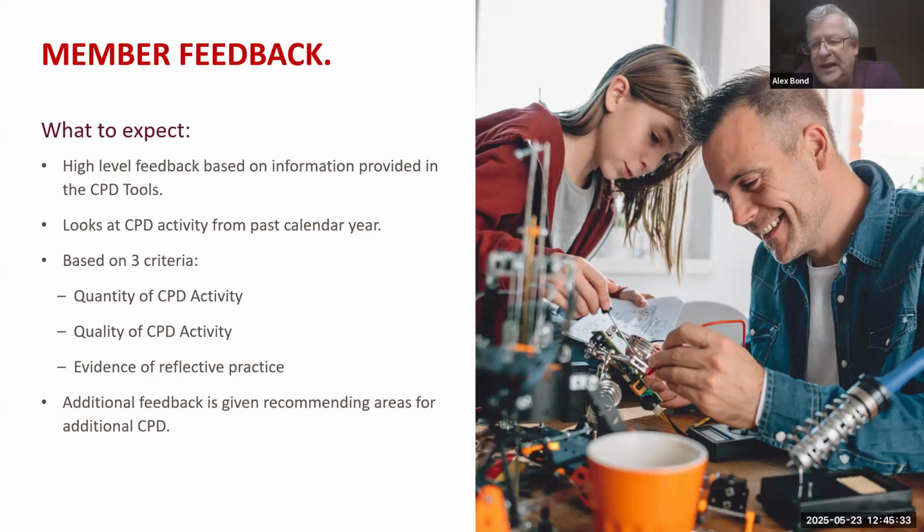And it's not overly focused on one particular aspect. And we're looking for evidence of reflective practice. And we also provide some recommendations on the basis of what we're seeing of other areas where there might be some opportunities for you to carry out CPD.